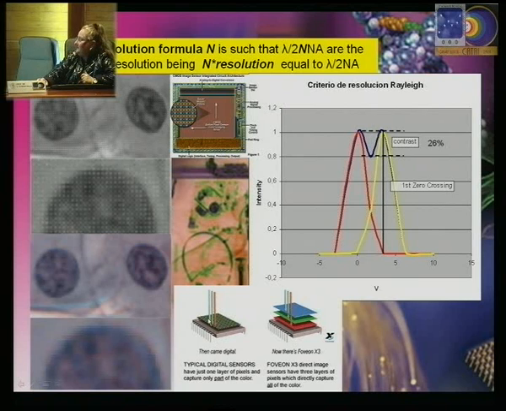This is what happens with a single chip camera which is sensitive to the three colors. The most developed cameras at the present moment are the Foveons, in which you have three layers sensitive to the three colors at the same pixel. Therefore, you don't get this resolution divided by 3, but you get a very nice resolution with this type of camera.